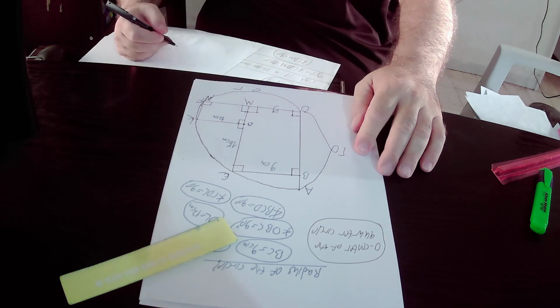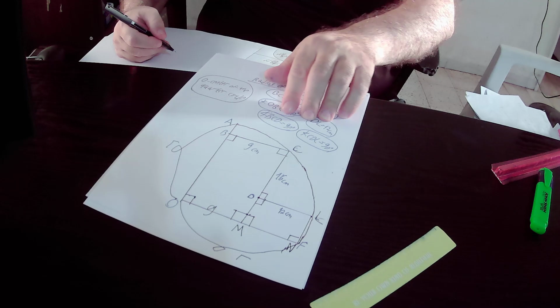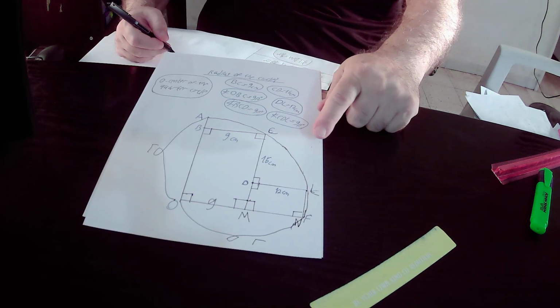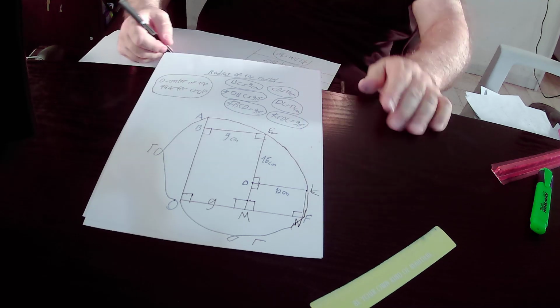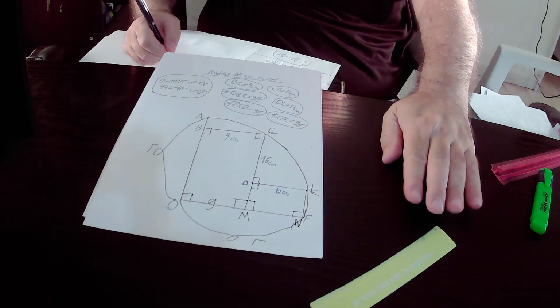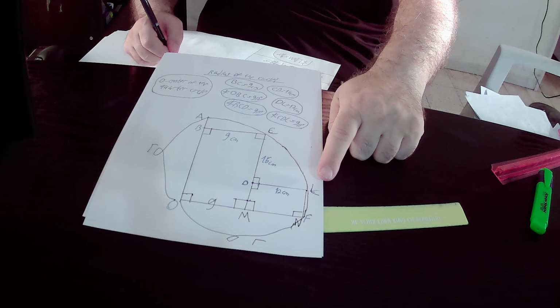Okay, so actually by doing this construction we created here quadrilateral DLMN. You should notice that point N and point F are not merging with each other.